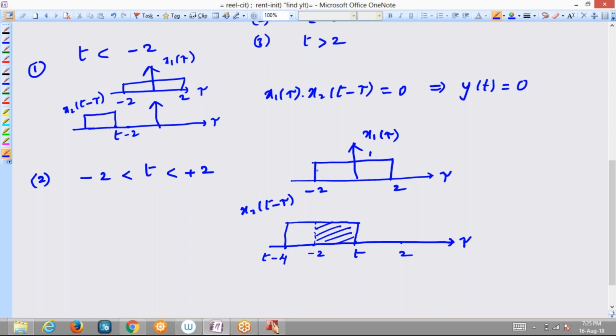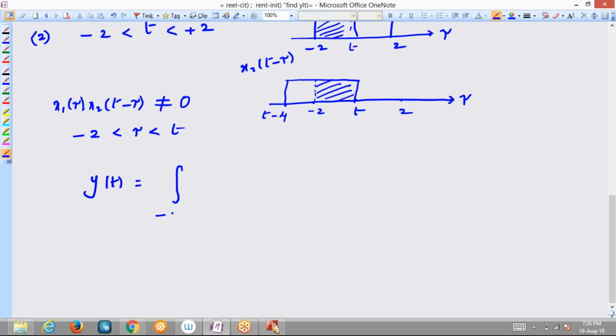Both signals, x1 of tau and x2 of t minus tau, are non-zero in the limit from minus 2 less than tau less than t, so the tau range is minus 2 to plus t.